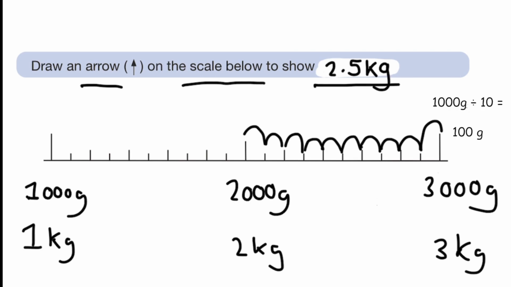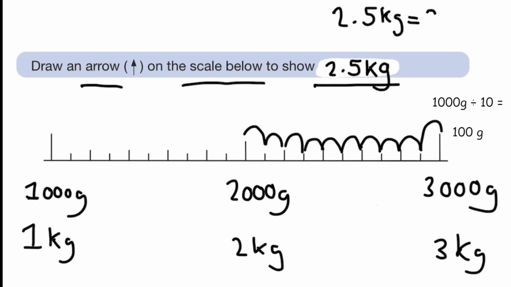All 10 increments are worth 1,000 grams because the difference between 3,000 grams and 2,000 grams is 1,000 grams. As there are 10 increments, we divide this by 10, which gives us 100 grams. So each increment is worth 100 grams.